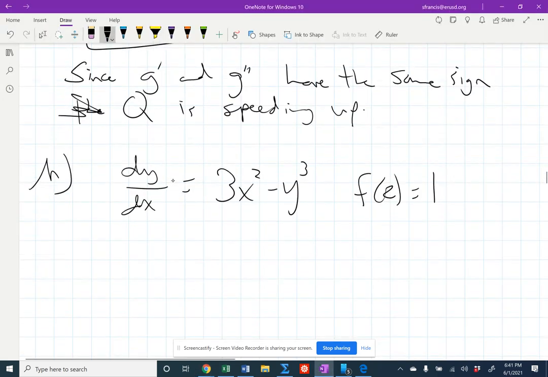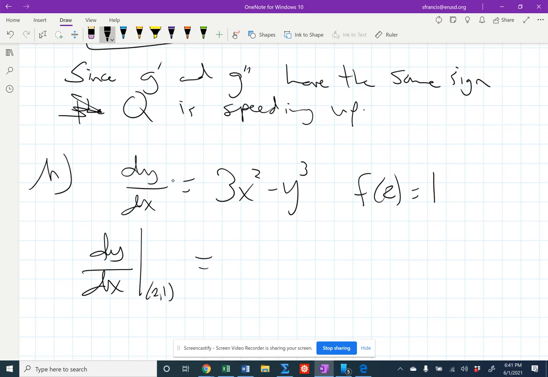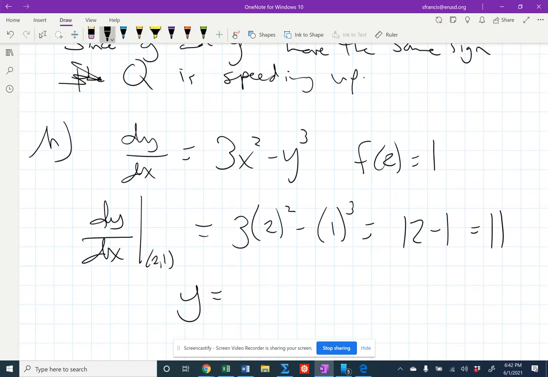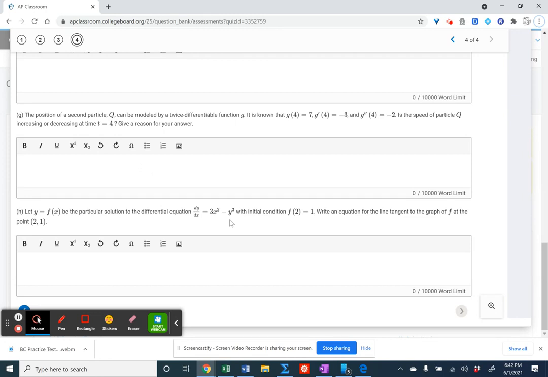The reason for the tangent line, I need the slope at (2, 1). So I've got to plug 2 in for x, so 3 times 2 squared, and 1 in for y. So that's going to be 12. Nope. Oops, yeah, there is 12, but it's 12 minus 1, so that's 11. And so the equation of the tangent line is going to be y equals 11 times x minus 2 plus 1. Copy that down there. That is the answer here.